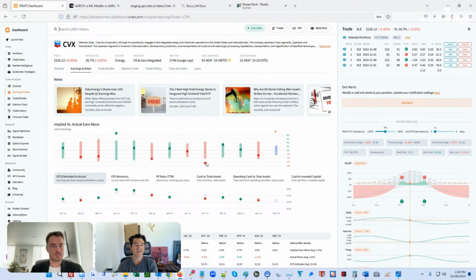So this is a similar way to attack the same problem, but in this case, we think XLE is going to move a lot after Friday into election week next week.